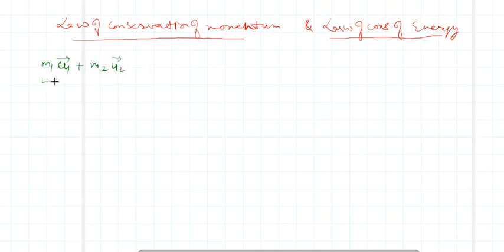So this is the initial momentum, and it is equal to m1 v1 plus m2 v2, which is the final momentum.